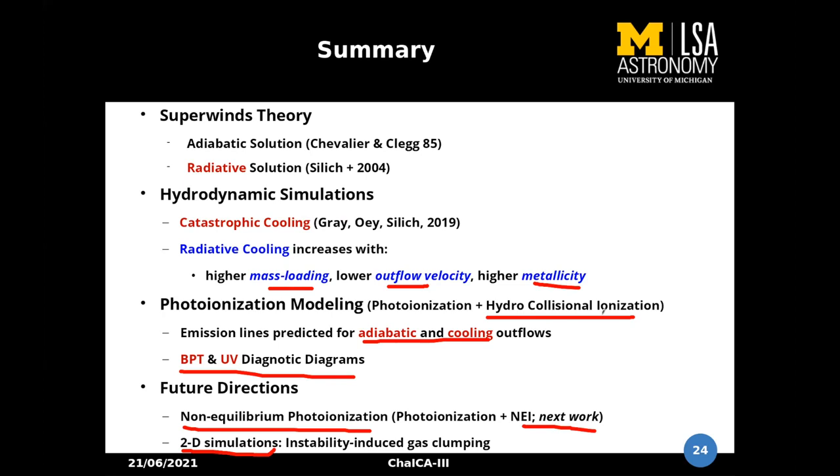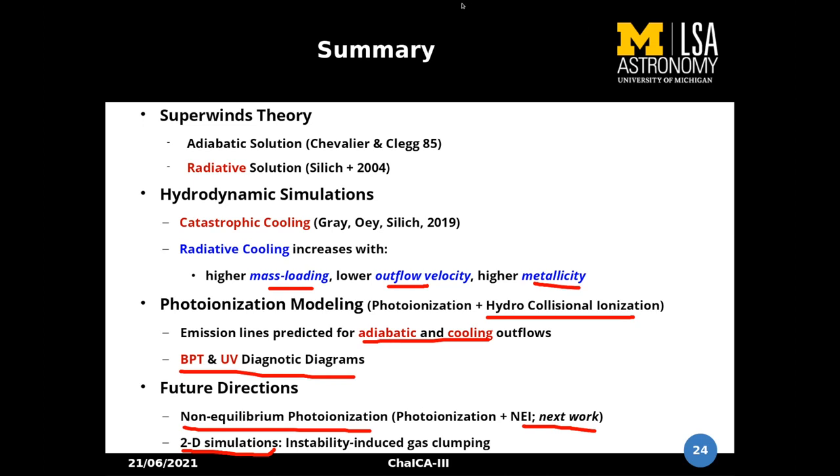Currently in 1D we cannot see this instability and clumps, but 2D allows us to see the formation of these clumps. So we are planning to do it, but do you think you can do 2D simulations? We would need more high-performance computing resources for 2D. We can do it, but currently we don't have enough computing resources.